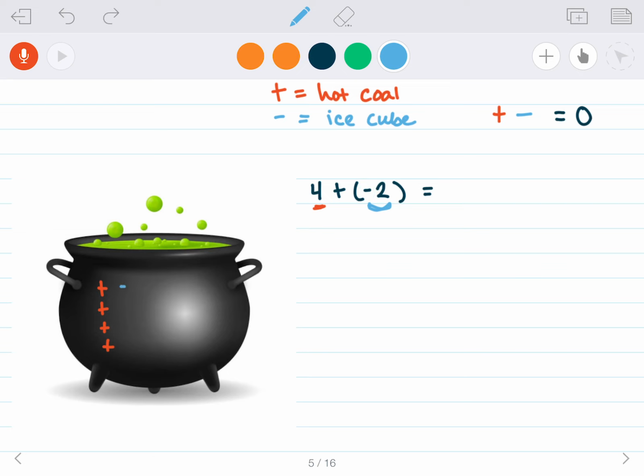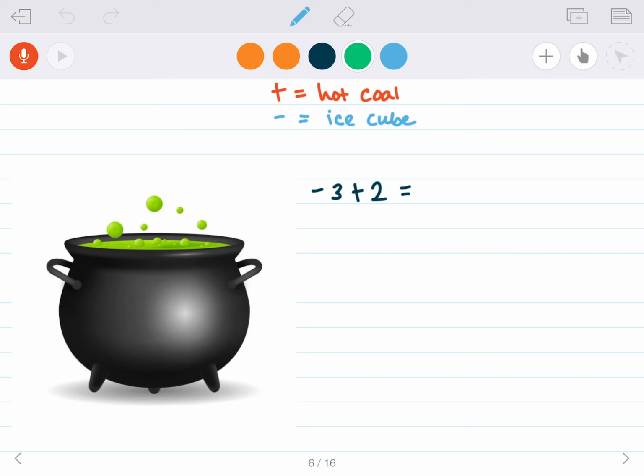So we add on 2 ice cubes. And the zeros that we see are going to cancel out. So this goes to 0, this goes to 0, and we're left with 2 hot coals, which means +2. So that's our answer here, +2. That's pretty neat, right? Let's try another one.